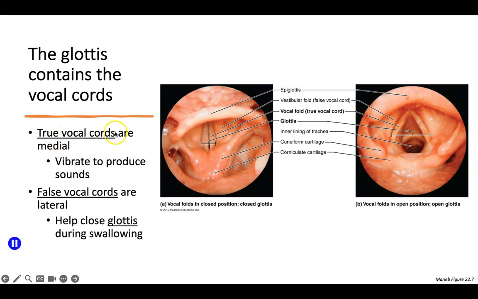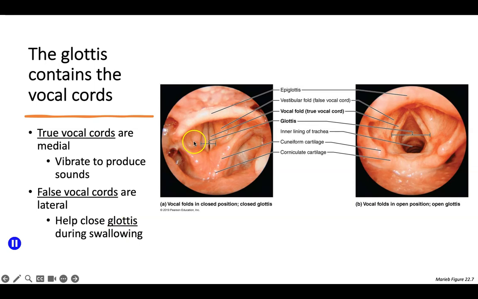The true vocal cords are medial, and they are vibrating to produce sounds. They're actually producing the sounds, hence they're called the true vocal cords. The false vocal cords are lateral, so you can see them off to the side of the true cords, and they help the glottis to close during swallowing.